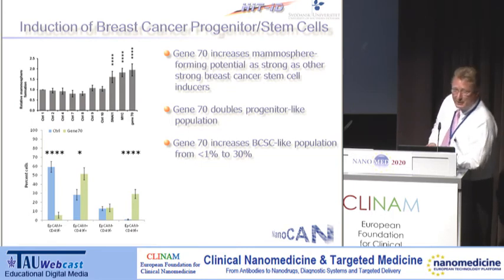So this was very surprising because now we had a set of conflicting information: a tumor suppressor on the one hand, but a breast cancer stem cell inducer on the other hand. So we decided to let the in vivo experiment make the decision for us.